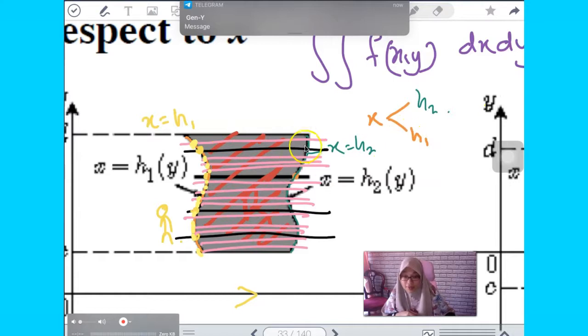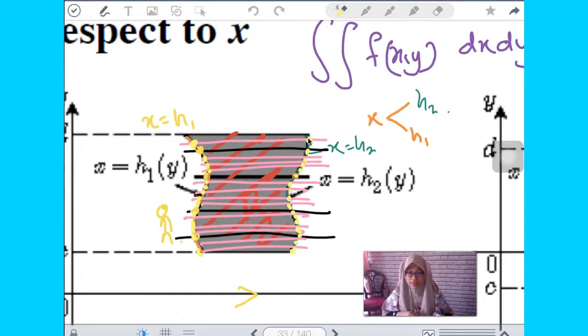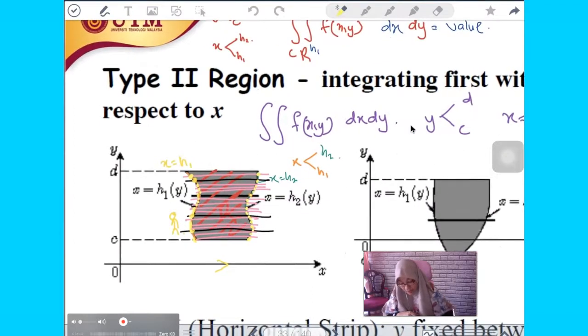And similarly for the highest value of x, the terminal point, it is here, and they are all over the curve of h2. So that's why now we can say that the limit of y is constant, c to d.